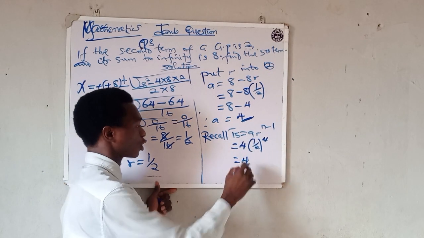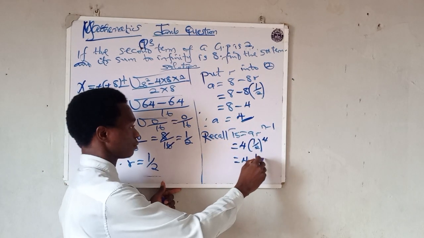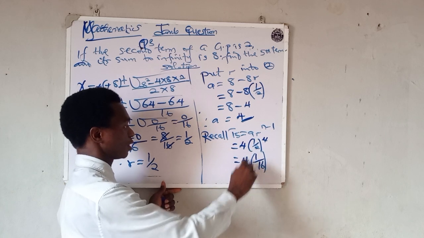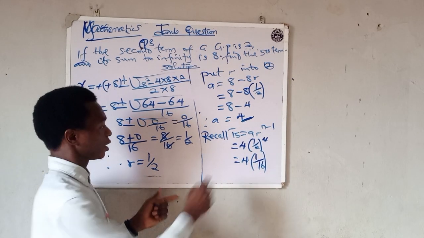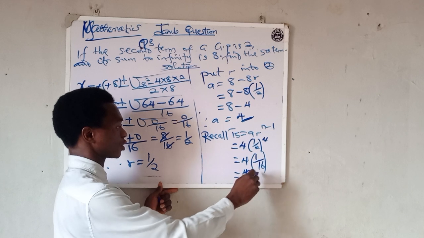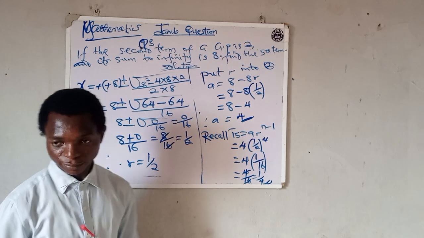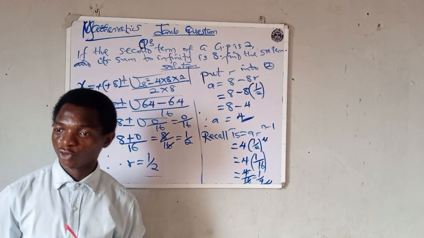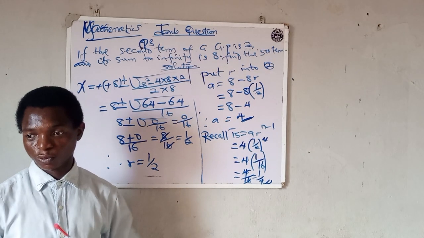This is equal to 4 into 1/2 raised to power 4, which is 1 over 16, because 2 times 2 times 2 times 2 gives you 16. So 4 times this is the same thing as 4/16, which cancels to 1/4. So the fifth term of the GP is 1/4. That is the answer to question 3.